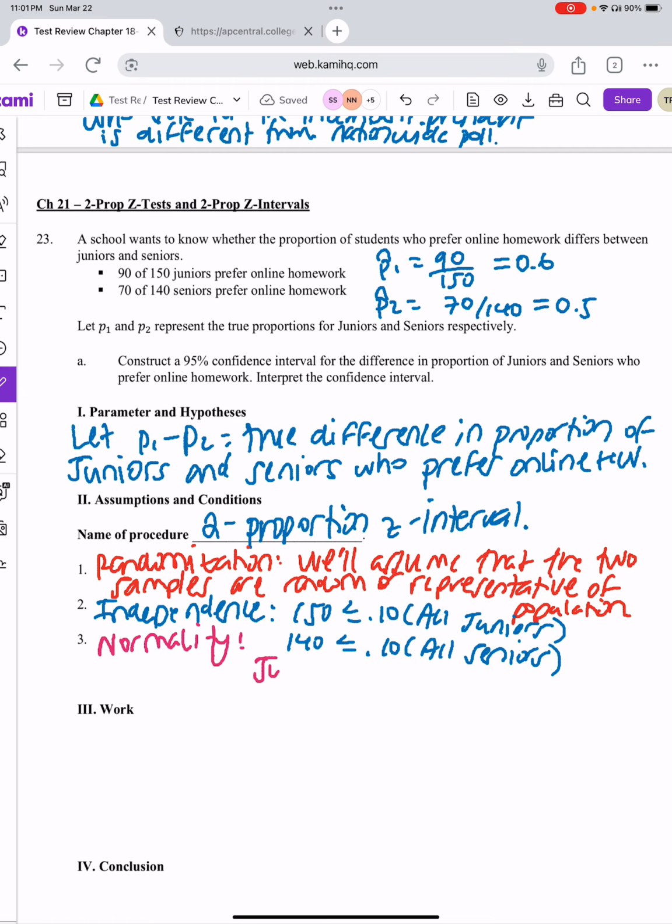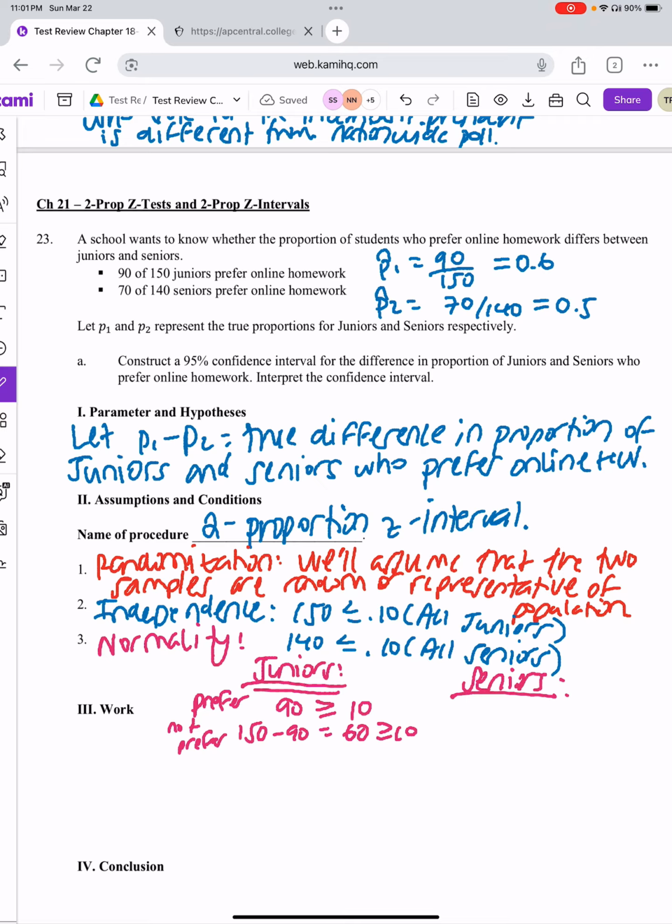So for juniors, it did tell us that it's 90, right? So 90 is bigger than or equal to 10. And the complement of that is 150 minus 90. So that's what, 60? That's bigger than 10. So this is prefer, not prefer. We can do the same for seniors.